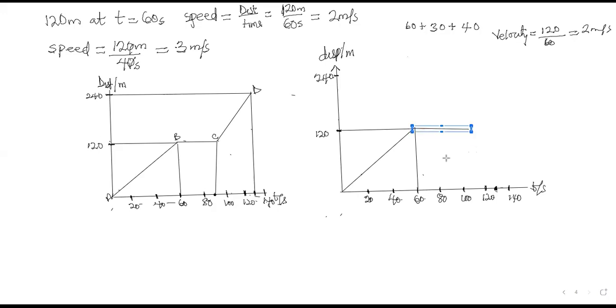So this must connect half of this. 60 plus 30, 90. Assuming this is it. And then from there, hold on.